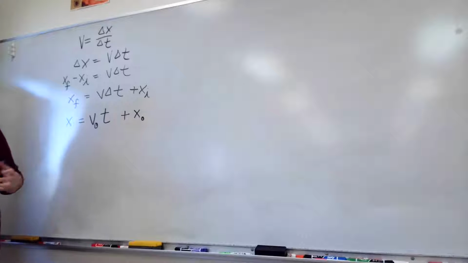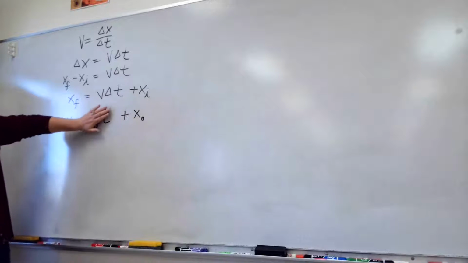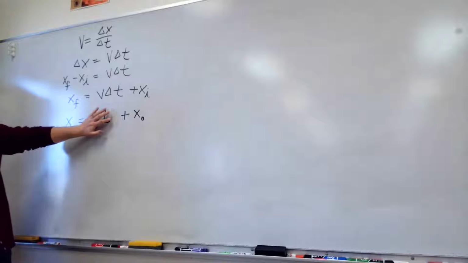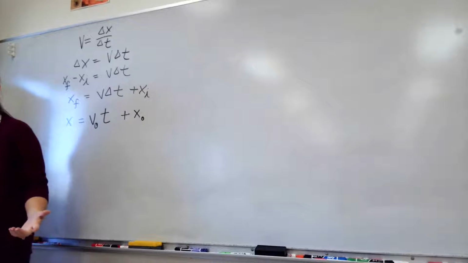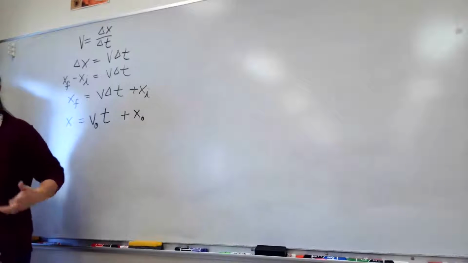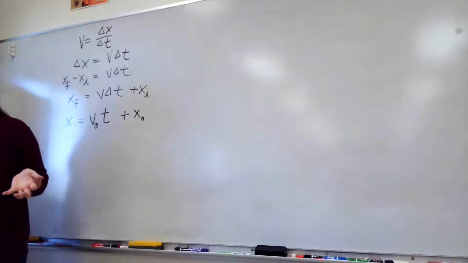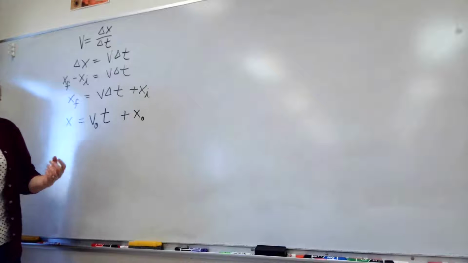Now, to talk about how we can add acceleration into this equation, I want to look at the structure of it first. Okay? So, if we didn't have velocity, so if our velocity was 0, this equation would tell us that our final position is equal to our initial position, right? Yeah? That makes sense. That's what we would hope it would tell us, right? Because if we're not moving, we should stay in the same spot.